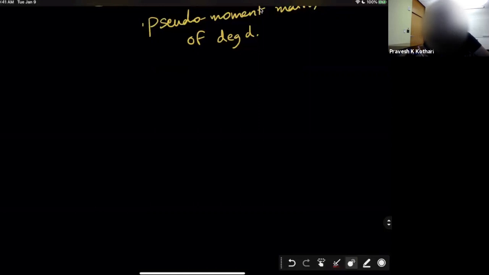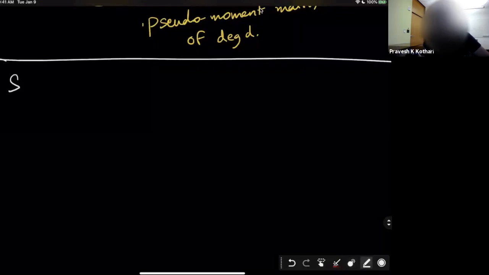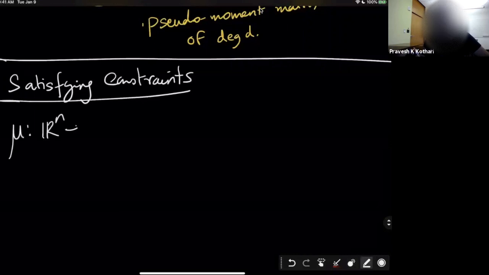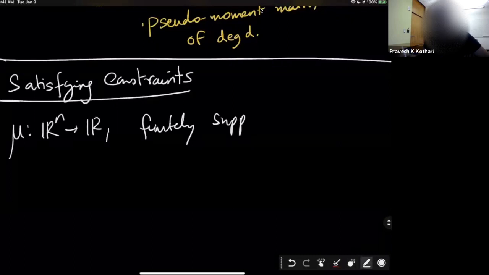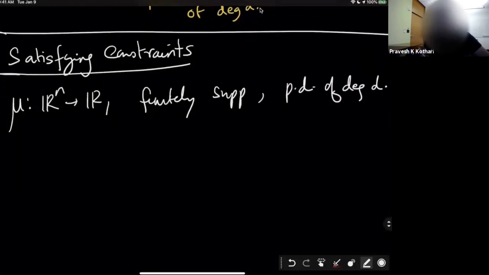But let me make this new definition because that's where at least some new stuff happens. And so this is the idea of pseudo distributions satisfying some constraints. So again, same setting, mu is R^n to R, finitely supported. Let's say it is a pseudo distribution of degree d, and let's say A is a system of polynomial inequality constraints.